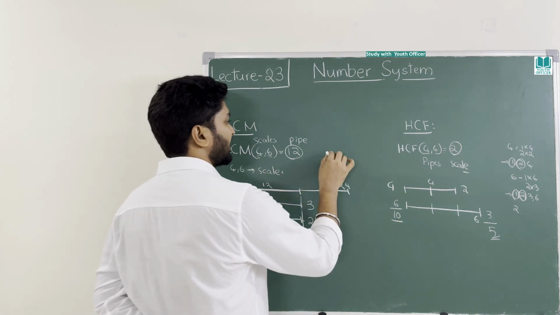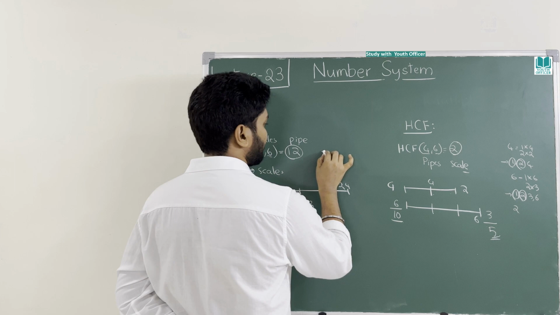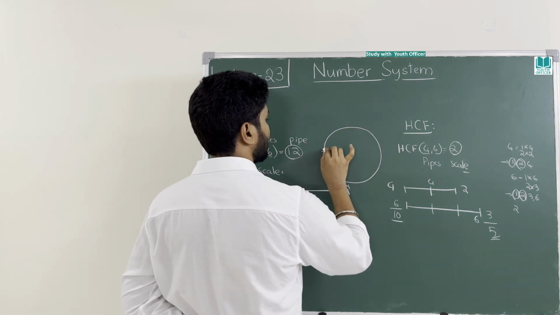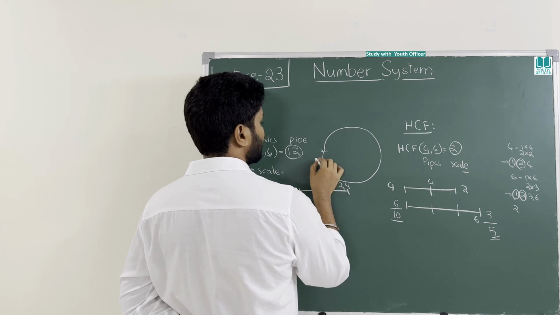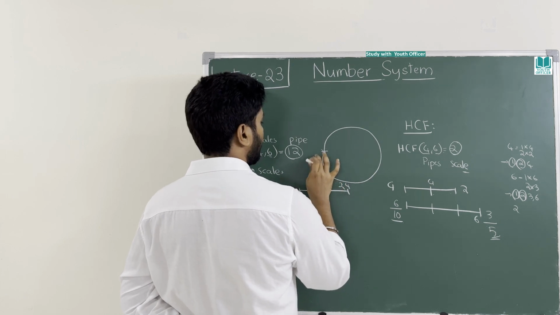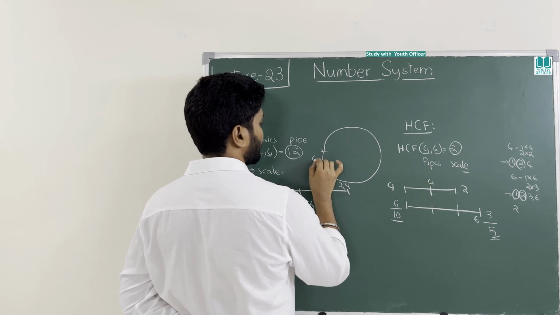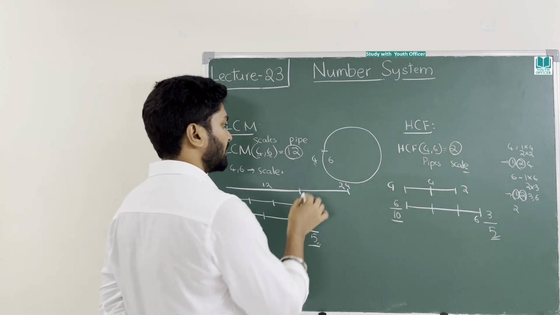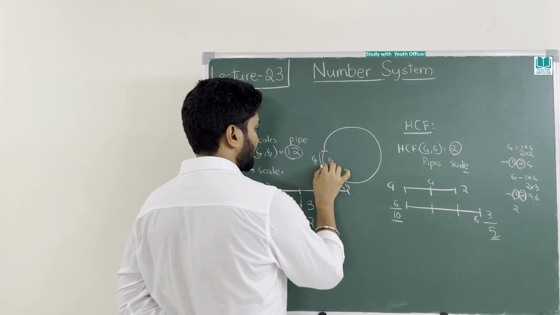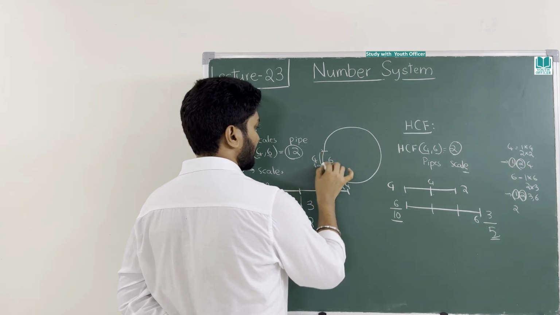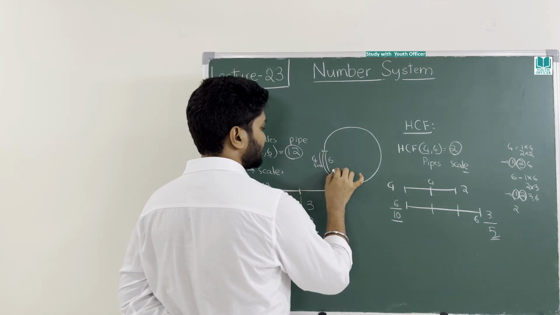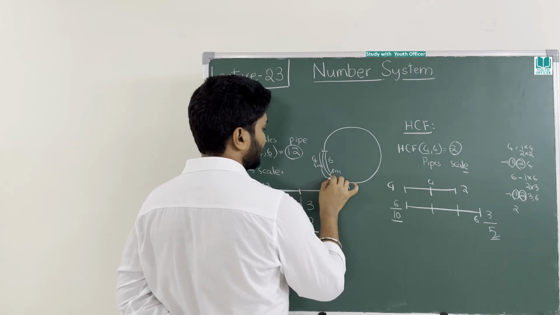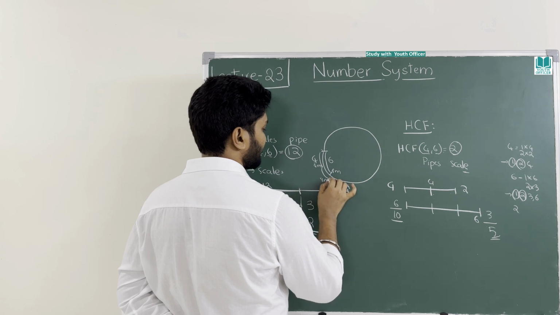You might have seen a running race that starts from this point and they'll start running. One will start with a speed of 4, the other one will start with a speed of 6. This person will run 4 meters. By that time this person will reach 6 meters. Then again this person will reach 8 meters.